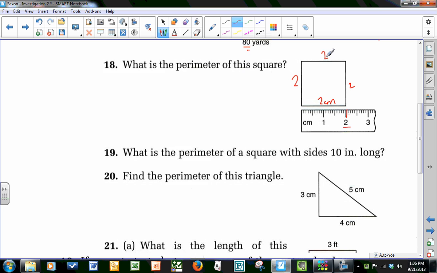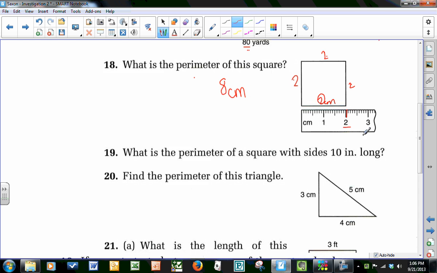So you would add 2 plus 2 plus 2 plus 2, or you could count by 2. You could say 2, 4, 6, 8, and the perimeter would be 8 centimeters.